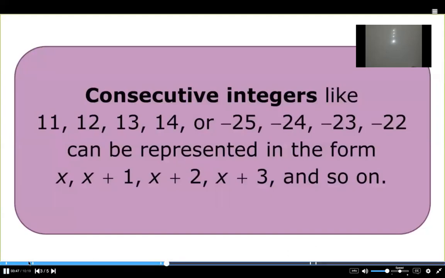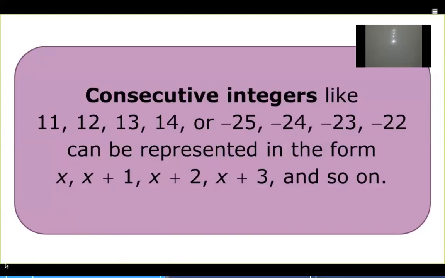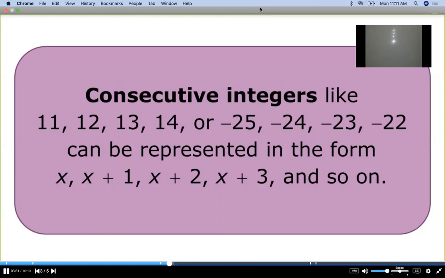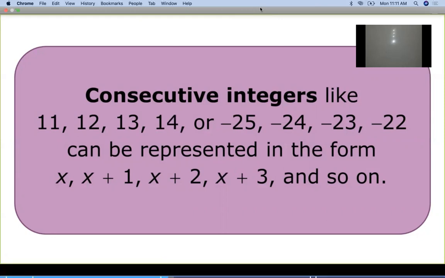Consecutive integers like 12, 13, 14, or negative 25, negative 24, negative 23, negative 22, can be represented in the form x, x plus 1, x plus 2, x plus 3, and so on.